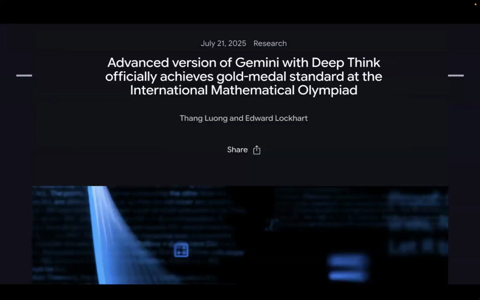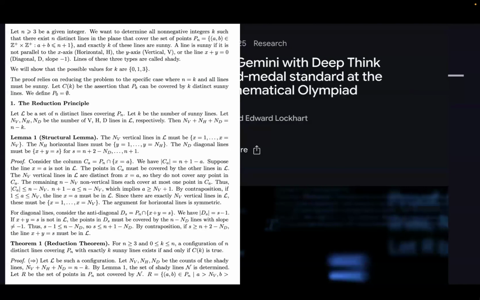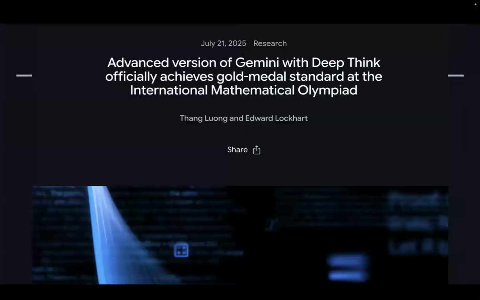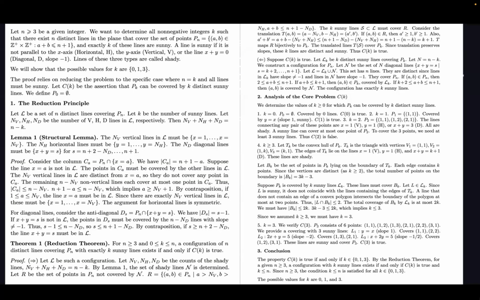If you want to read them, the proofs are available online. They're incredibly dense. This is problem one. Problem one is not the hardest problem. And basically no human would actually write proofs like this. It's very strange, but it works out just fine, interestingly enough. Even better, this one is not done in Lean.